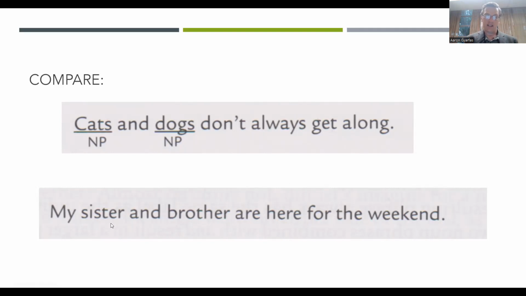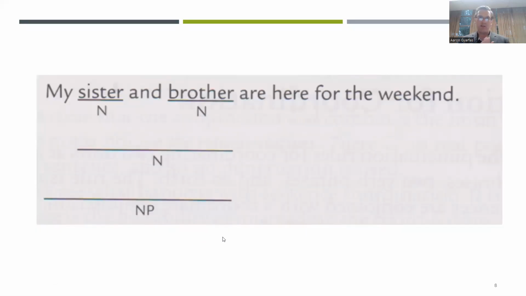Whereas in the second sentence, if we break it down and take a closer look at what's going on, we'll see that we have two nouns, sister and brother, right? The possessive pronoun my is applying to both the sister and the brother. So we can't separate my sister and then brother as two separate pieces.